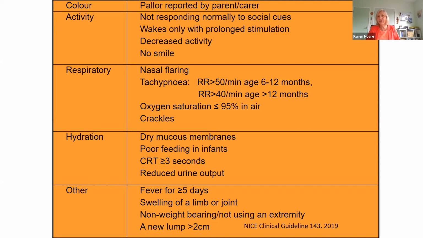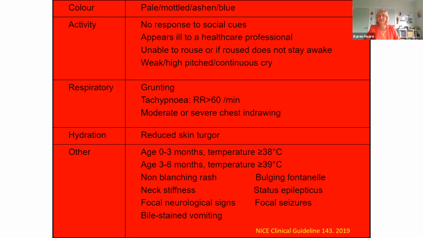So details of how we do safety netting, or how I do safety netting, will be given later on in this presentation. So any of these signs, and the child needs to be admitted to hospital, or certainly be seen by a pediatrician urgently.